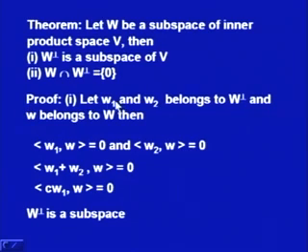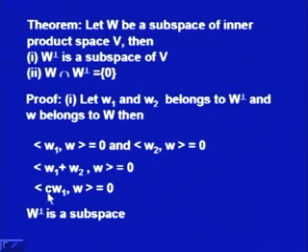Now, to prove these results, let us say w1 and w2 belong to W perpendicular and w belongs to W. Then the inner product of w1 and w is 0, and of w2 and w is 0, because these belong to W perpendicular. W perpendicular is the set of all vectors which are perpendicular to the vectors of W. So, the inner product of w1 plus w2 with w will also be 0, and that means this also belongs to W perpendicular.